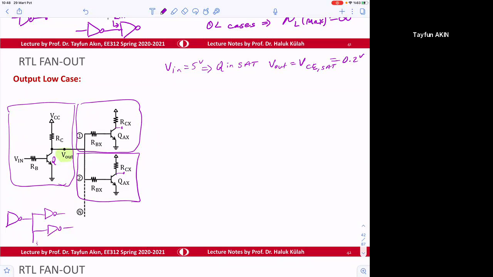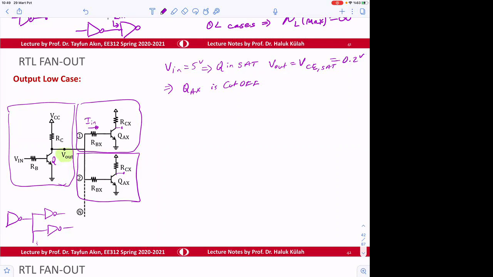So for 0.2 volts, what is the state of the next stage? If that's the case, Q AX is equal to, what is the state of this? Off. It is cutoff, right? Therefore, is there any current coming from here?